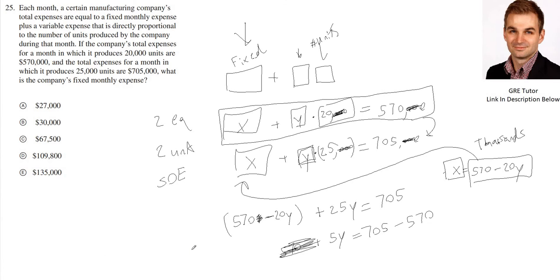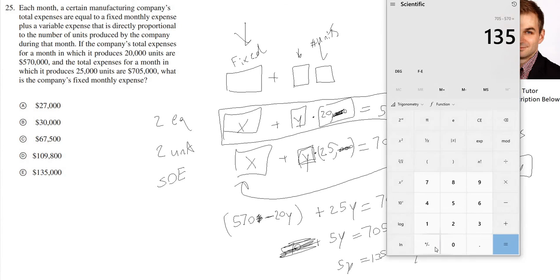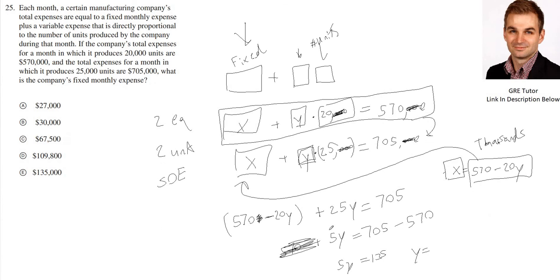Okay, so there you go. So this is going to equal 135 is equal to 5y, and therefore y is going to equal 135 divided by 5. 135 divided by 5 is 27. So we're looking at 27. So y is equal to 27.